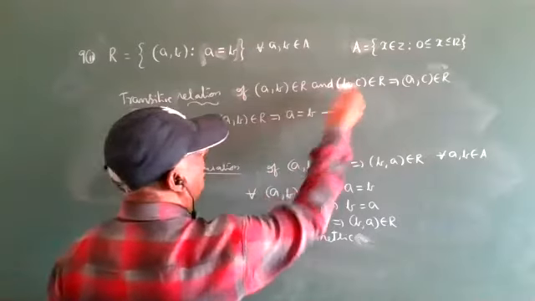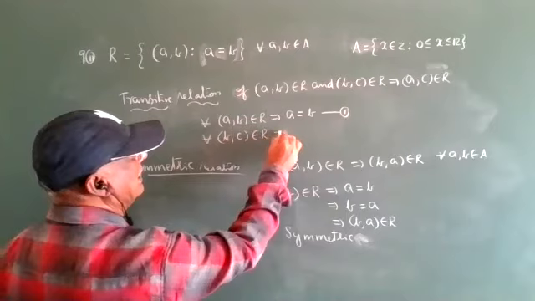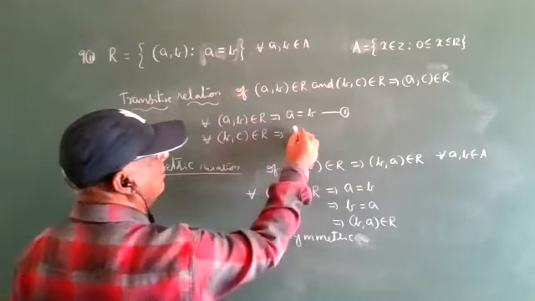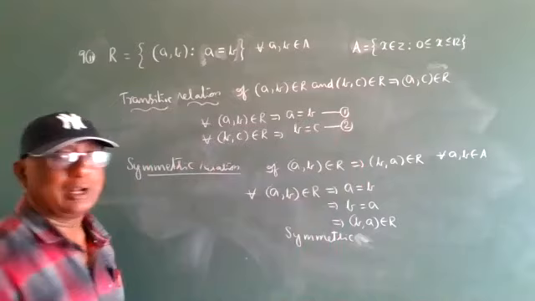Next, B comma C belongs to R means by the relation definition B and C are also equal, equation 2.